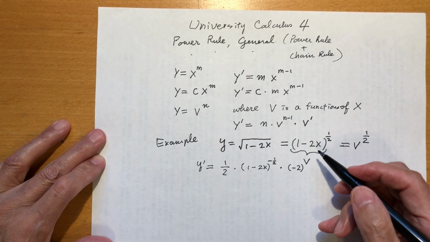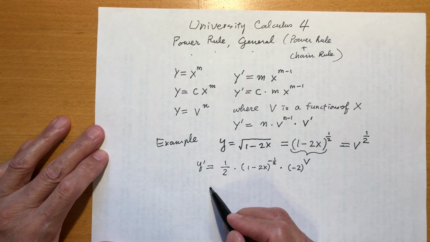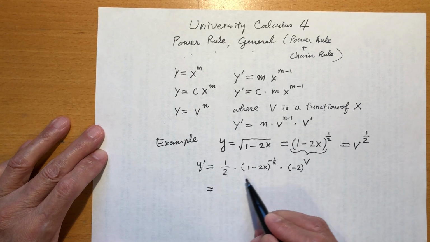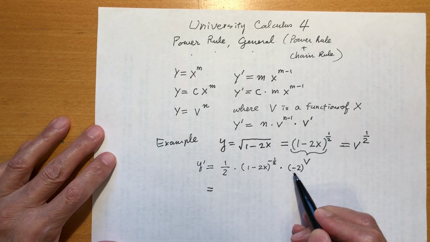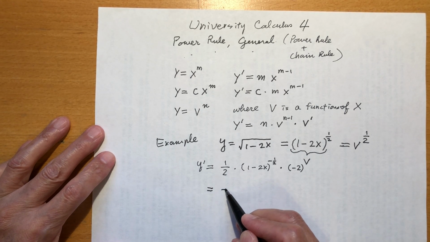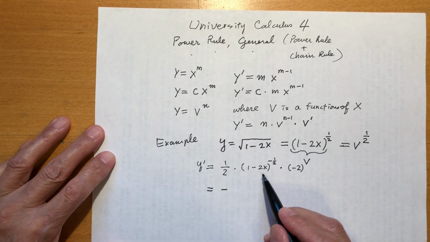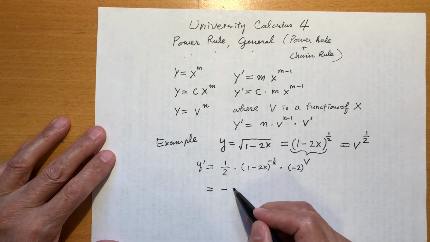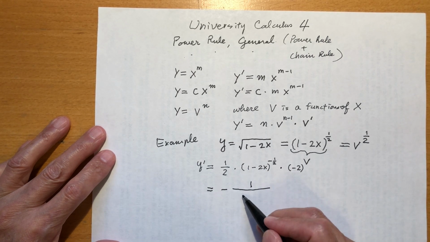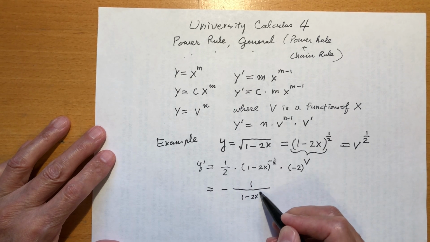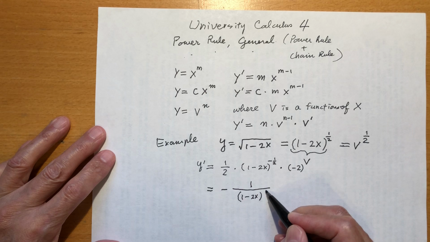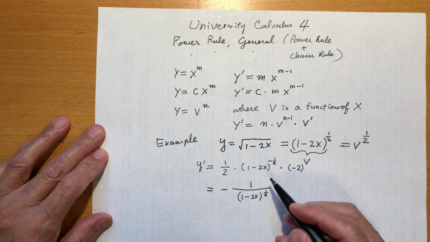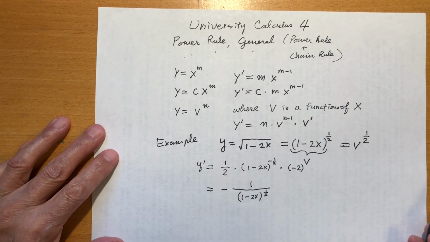So finally, you just rearrange it and rewrite it. So look here, the 2 and the 2 can be cancelled. So what I am left with is just a negative sign, and I have this part. Look, this part has a negative exponent. So what I have is 1 over 1 minus 2x to the 1/2. I put the negative exponent into the denominator, and the exponent becomes positive.